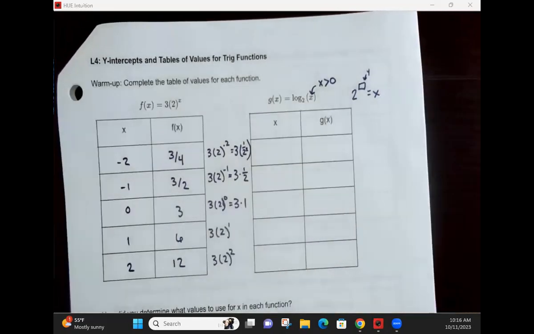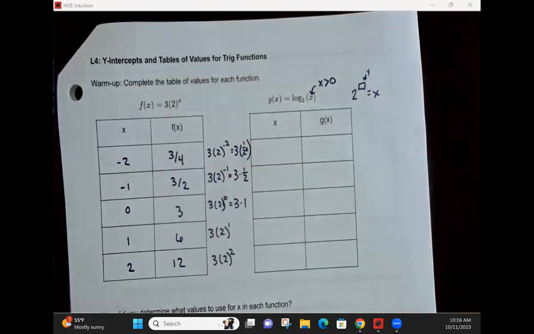And remember, x is not the exponent this time. It's what I have after I take the exponent. Okay? So what kind of values might I want to select for x here? We know it can't be negative, and we know it can't be 0, because there's no power of 2 that would give me something negative. There's no power of 2 that would give me 0.